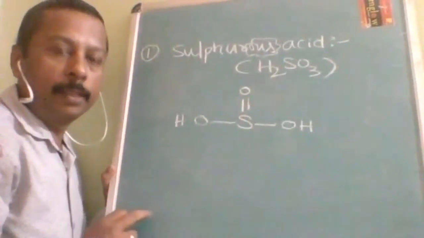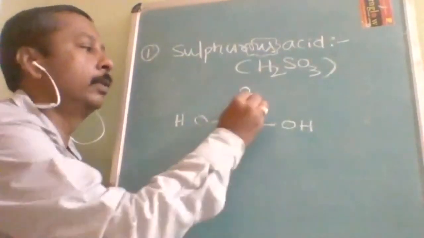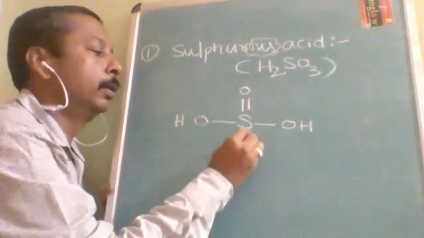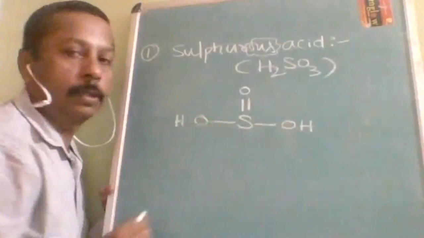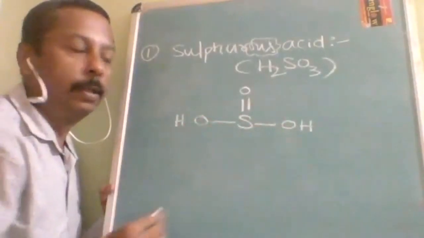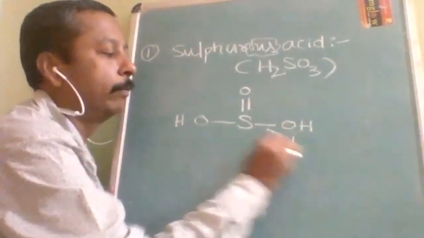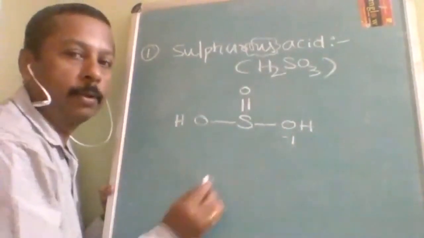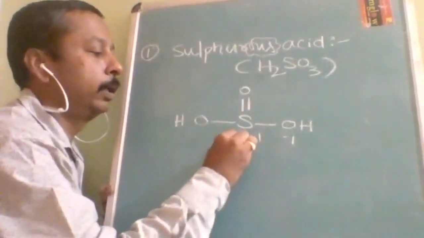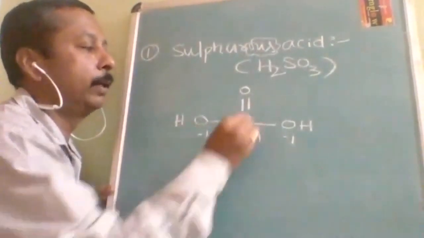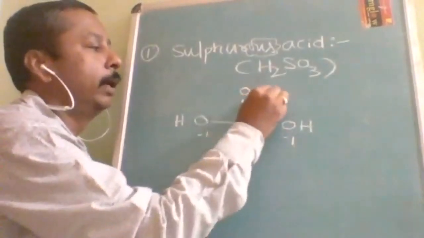So this is the structure of H2SO3. Is it understood? Now here, sulfur is making how many bonds? 4 bonds, and out of these, oxygen will be more electronegative. With respect to this bond, I am talking, this will be +1. With respect to this bond it will be +1. This will be -1. Here 2 bonds are there, +2 and -2.